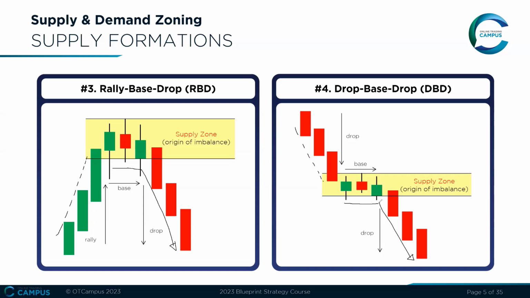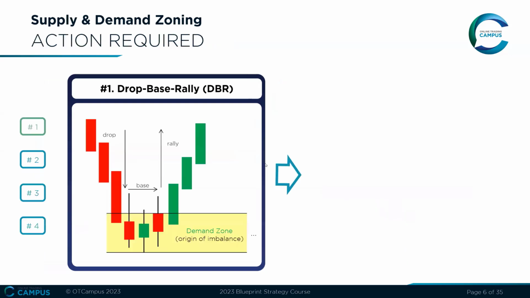Now, what do we do when we see those kinds of demand or supply zones? Well, one may argue that if price comes down, and then if you see price basing, what you're going to do is anticipate that this move is going to take place.